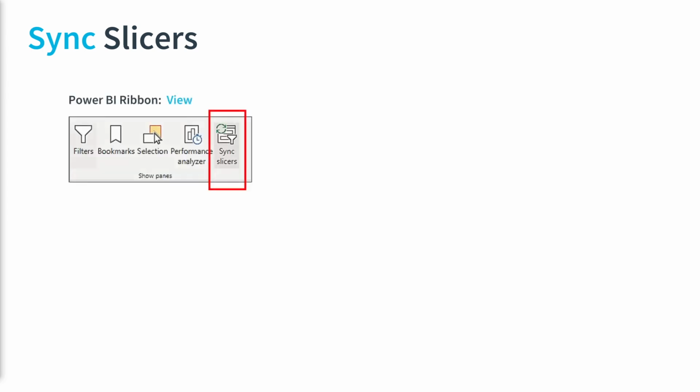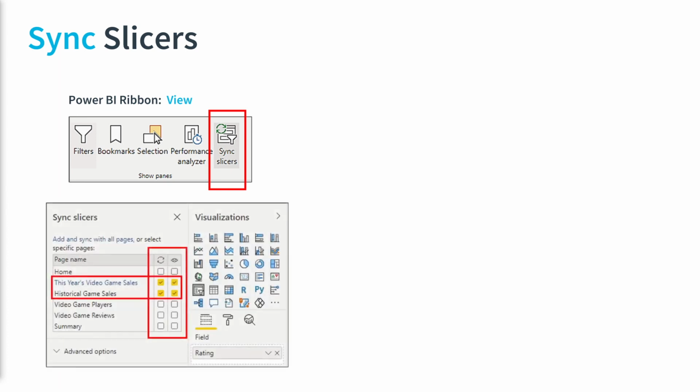Before we wrap up this discussion of slicers, there's one more thing you should know, even though it's slightly outside the scope of this course. Just as filters can be assigned to multiple report pages, slicers can be synced across pages by using the Sync Slicers pane, which you can enable using the View tab in your Power BI ribbon.